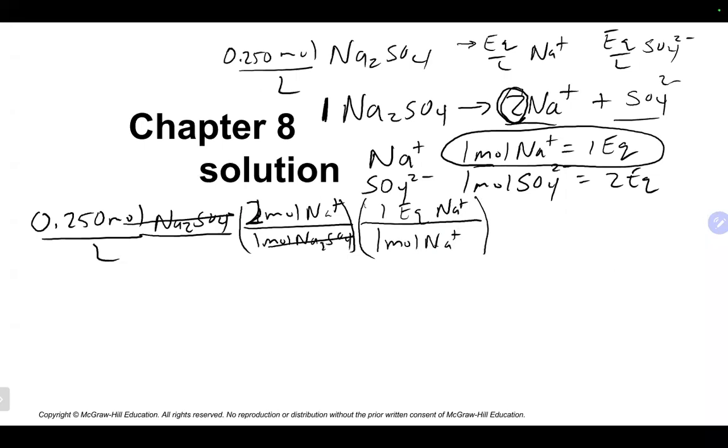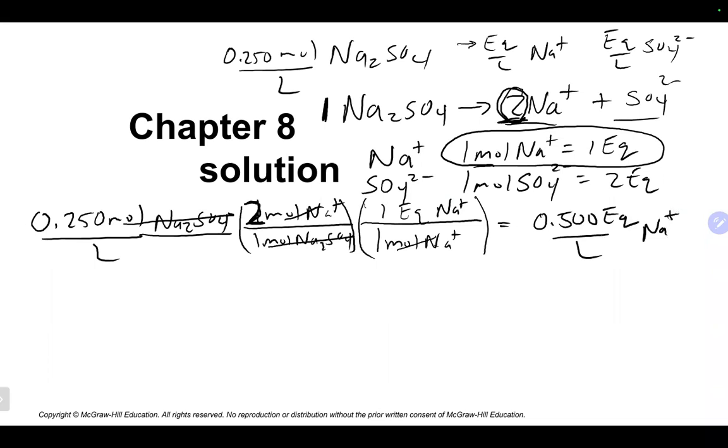There it is. Sorry about that. That will cancel our moles out, and now I've got the right number in there. We would end up with 0.25 times 2, and that would give us 0.5 equivalents per liter of sodium ions floating around in that solution.